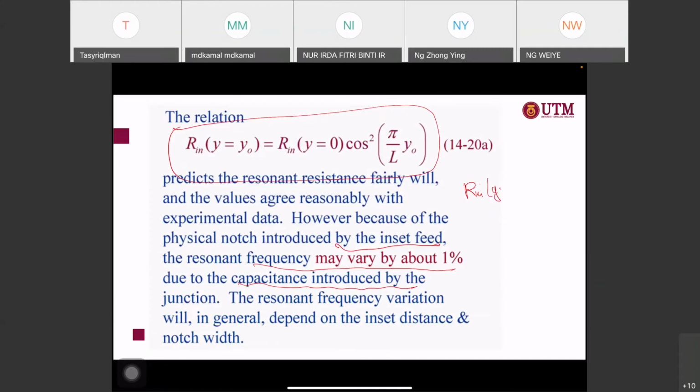So R in at Y equals Y naught is equal to R in at Y equals 0 multiplied by cos squared of pi over L times Y naught.